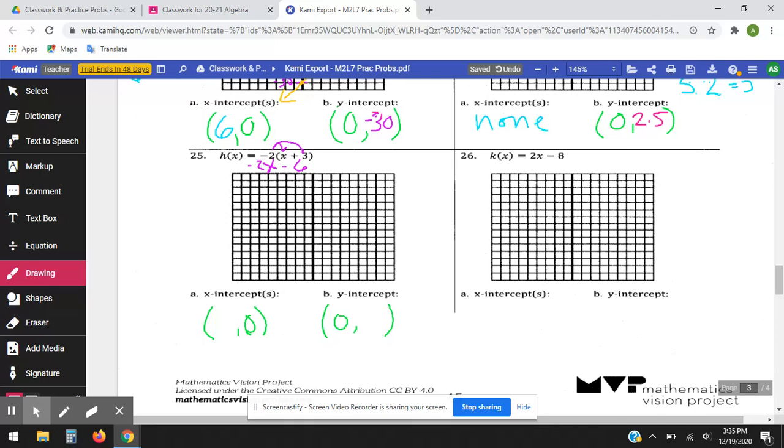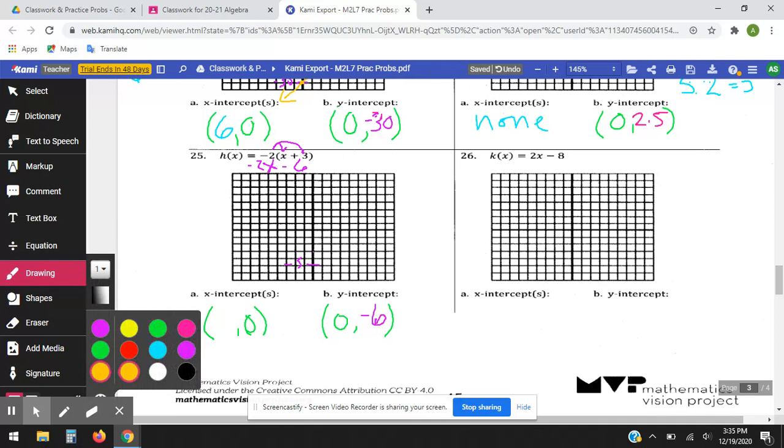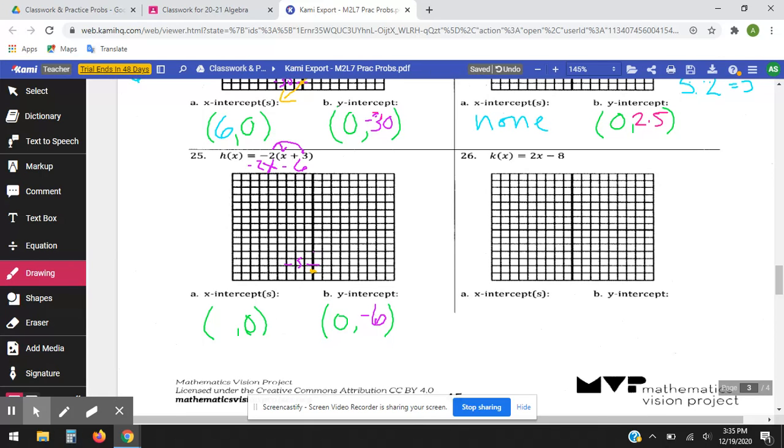Okay, y equals mx plus b form. So that means when my x is 0, my y-intercept is negative 6. So I can take this and go 1, 2, 3, 4, 5, negative 5, and I'll know my first dot is at negative 6.